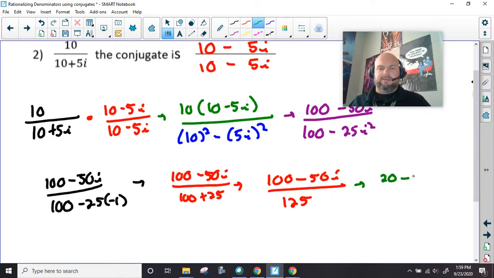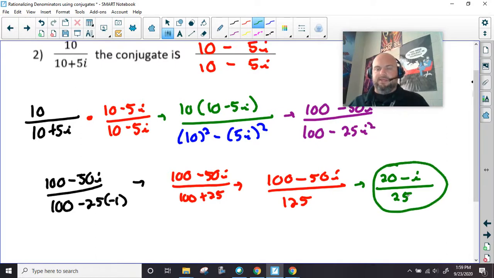And then I can take a 5 out of here, leaving me with i, and 125 divided by 5 gives me 25. And believe it or not, this would be the answer. We can't take this any lower because there's not a common factor, this is a 1. So, again, the big thing is the conjugate.